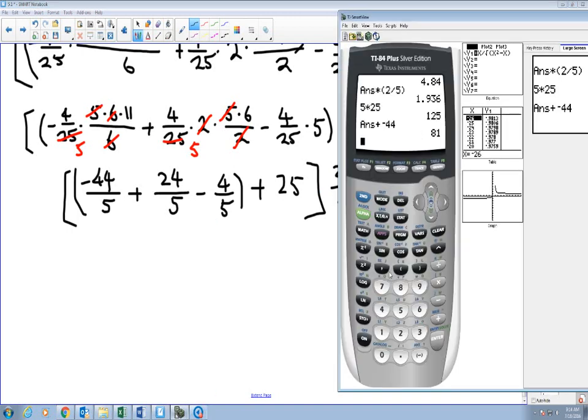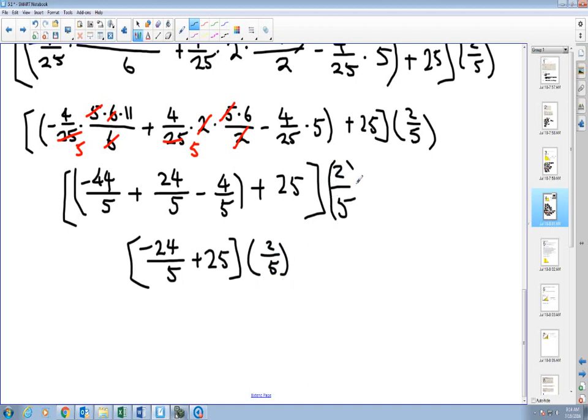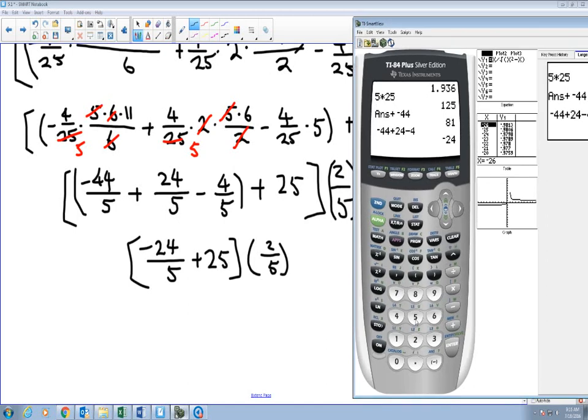Since the LCDs are the same here, there will be -44 plus 24 minus 4, which is -24 over 5, plus 25, times 2/5. 5 times 25 is 125, plus a negative 24 is 101.